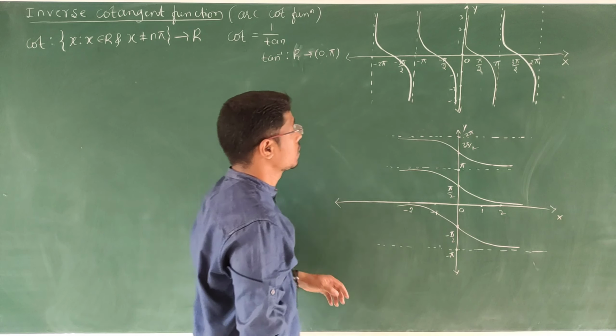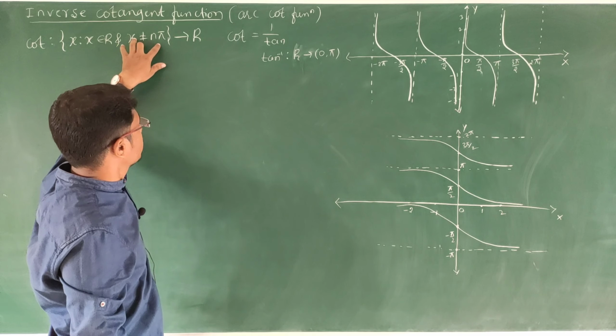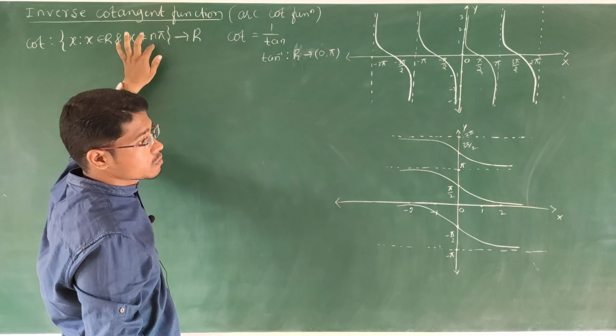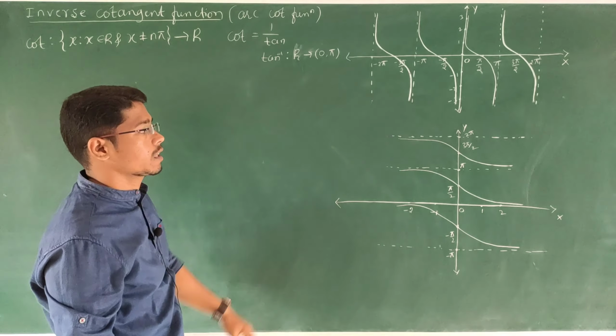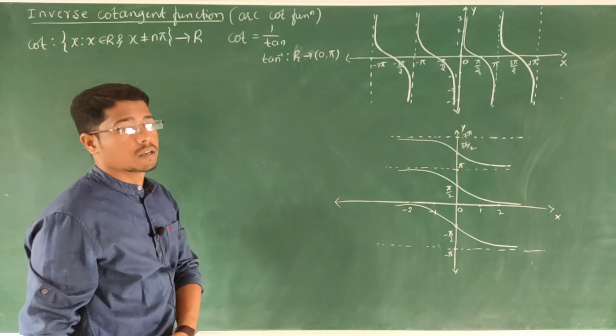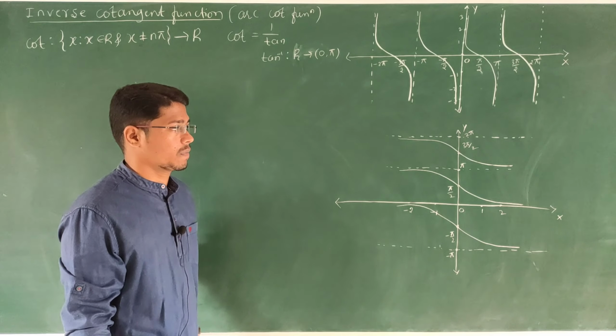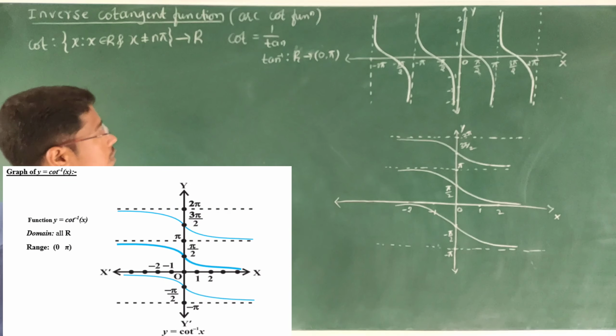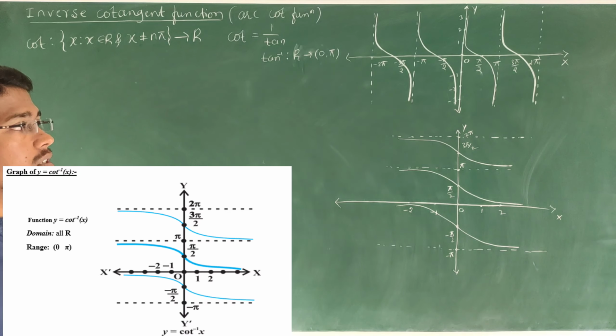So x is not equal to n pi, where n equals 0, 1, 2, 3, minus 1, minus 2, minus 3, anything. This is about the cot. However, by restricting its domain, we can define the cot inverse function.